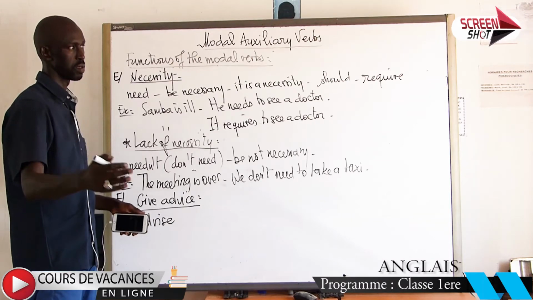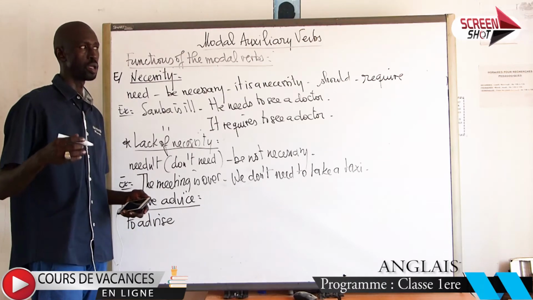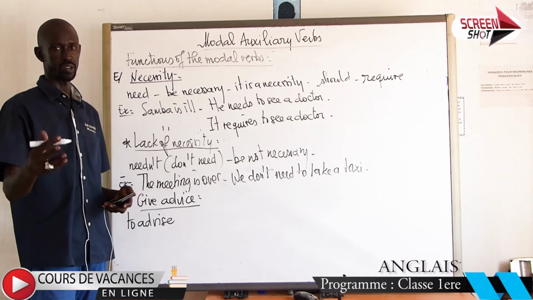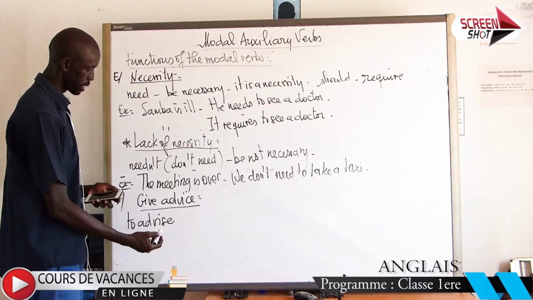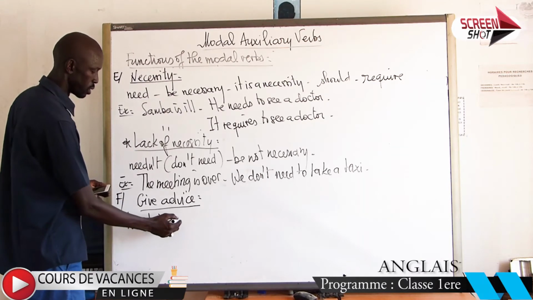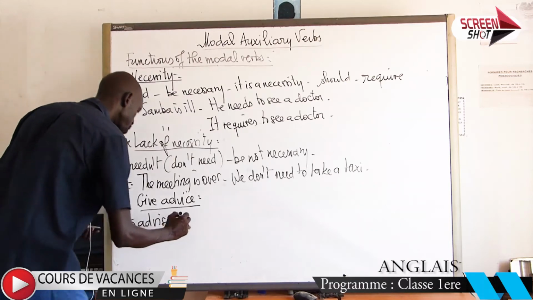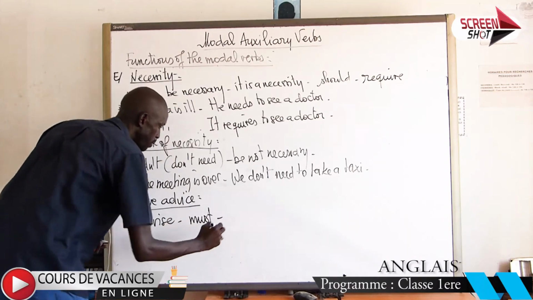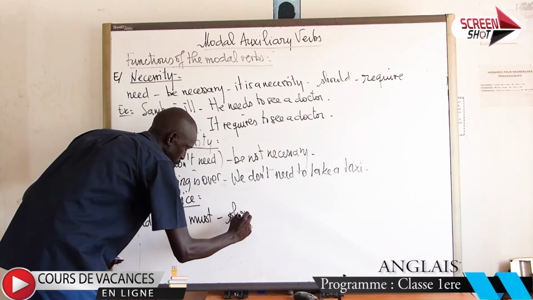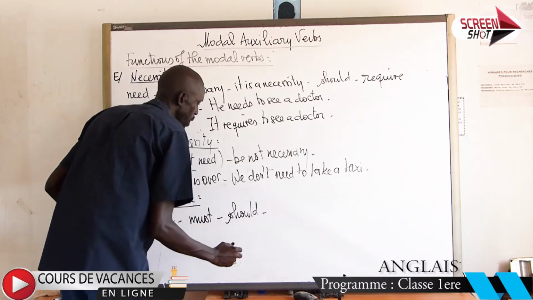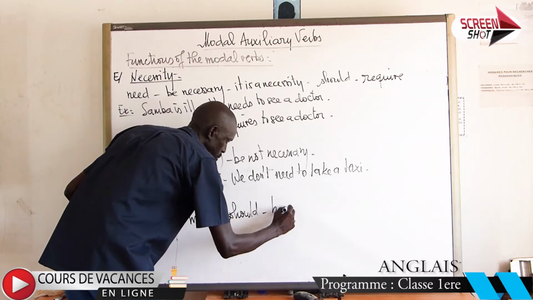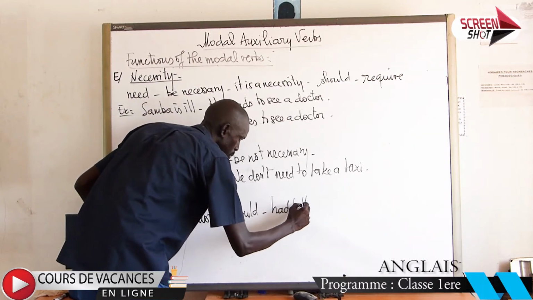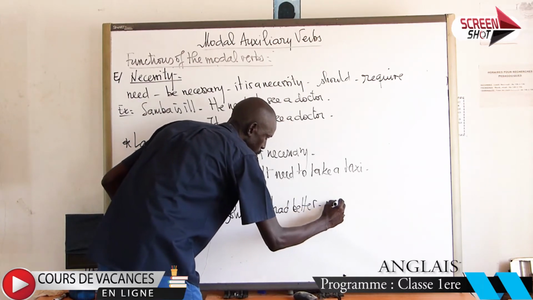To give advice. That is what we call in French donner des conseils. Conseiller, that is to advise. And we have also must. We have should. We have had better. We have ought to.